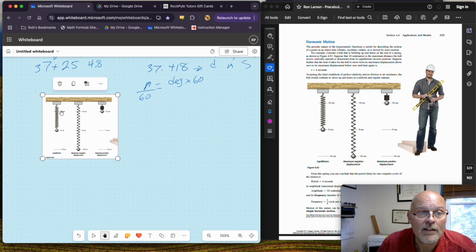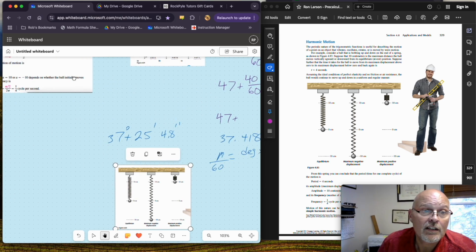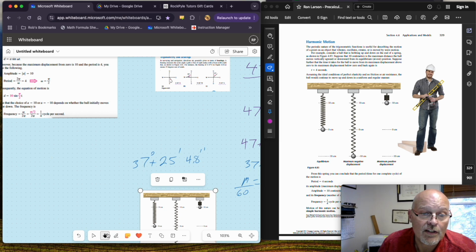A lot of times you'll see this as a weight on a string, and it's going to go up and down with no friction or anything like that. It's going to go up and down the same amplitude every time. And it turns out that translates well into a sine or cosine, depending on whether it starts at 0 or starts at the end of the amplitude.